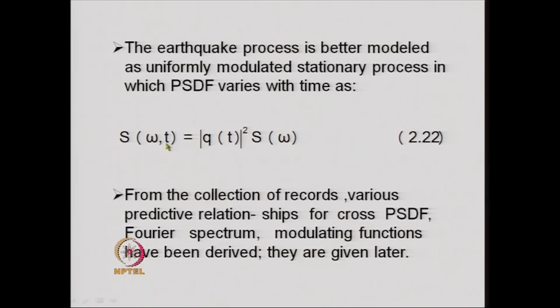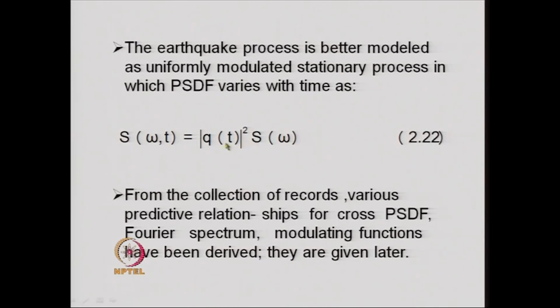Here the parameter T comes into the picture because the power spectral density function changes with time, and we obtain it by simply multiplying the modulating function squared with the power spectral density function which we obtain assuming the earthquake to be a stationary random process.